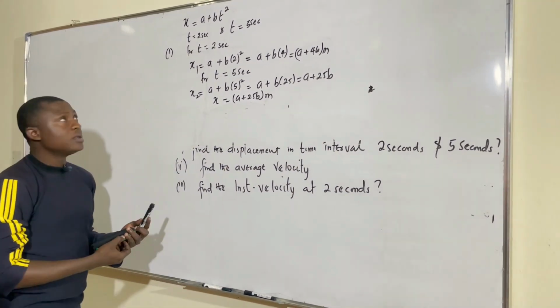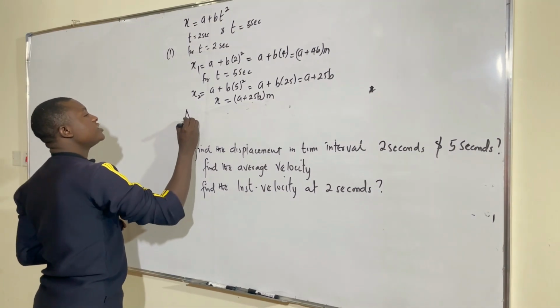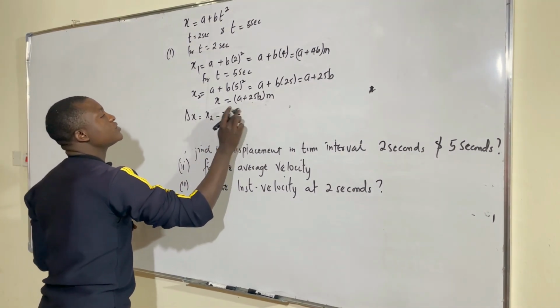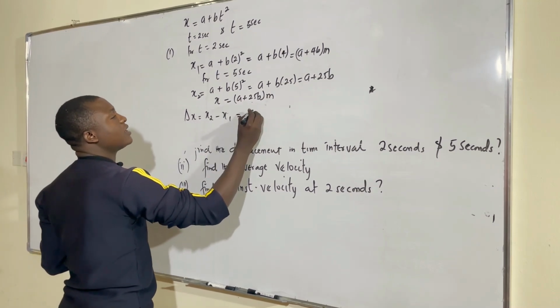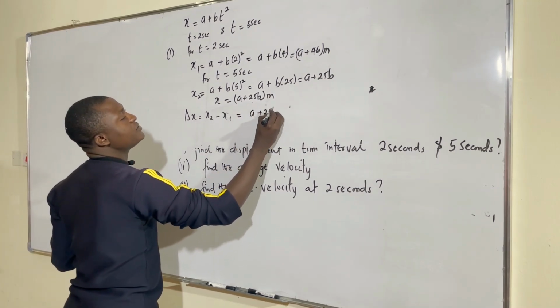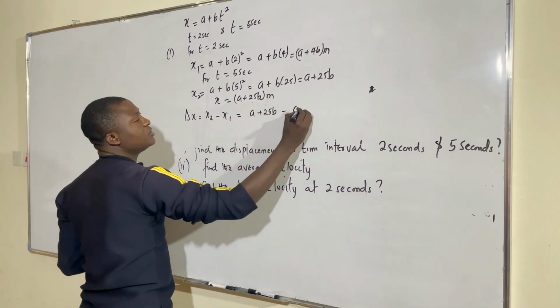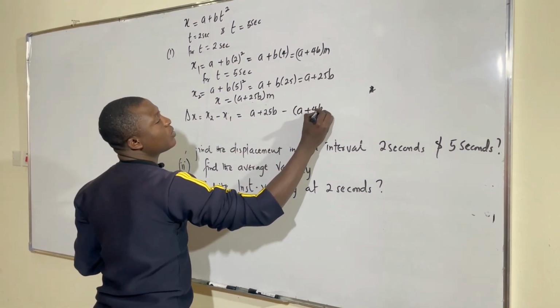So now, I can have change in x is equal to x2 minus x1. The x2 that we have is a plus 25b, minus our x1, which has the value a plus 4b.